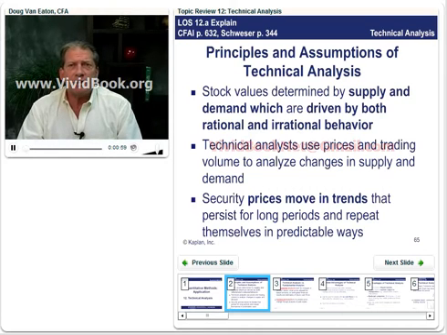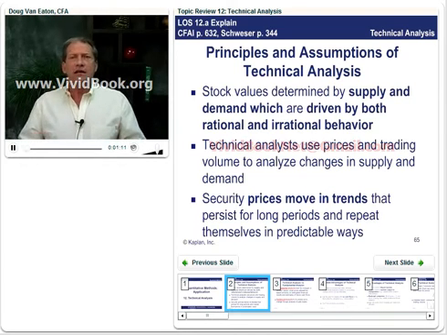Now, technical analysis uses these price and trading volumes to analyze change in supply and demand and identify trends that persist for long periods, and trends and patterns that repeat themselves, and they have to repeat themselves in predictable ways for technical analysis to be useful for making your trading decisions.